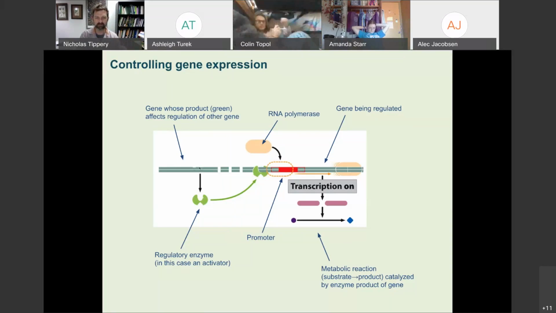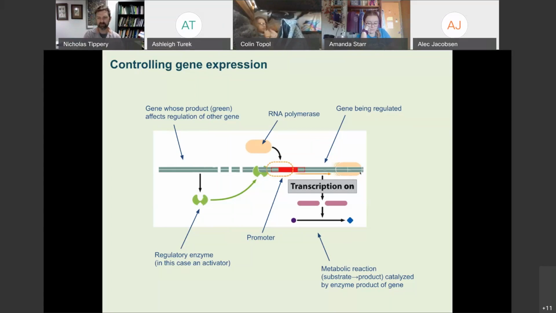This could be near to where the acted upon gene is located. It could be at a whole different part of the genome. They don't have to be connected in any physical way. So that's what this dashed piece of DNA is supposed to indicate. So the activator is made. The activator enzyme attaches to the promoter, allows RNA polymerase to come in here, turns on transcription.